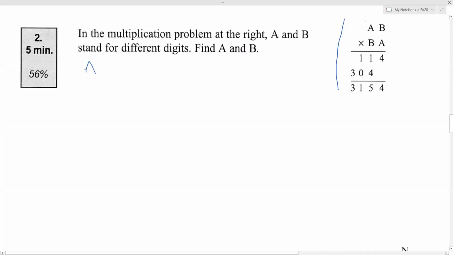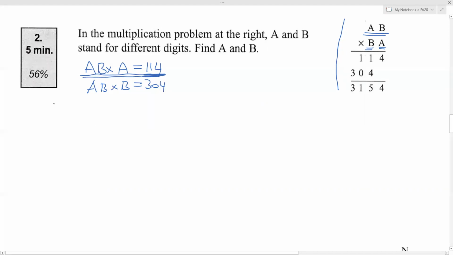So we can see from this long formula here that AB times A equals 114, and AB times B equals 304. You can start with either, but I want to pick the smaller number to start with, so I'll stick with the first equation.